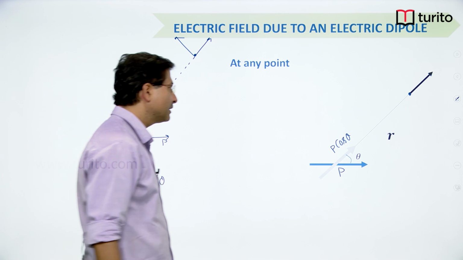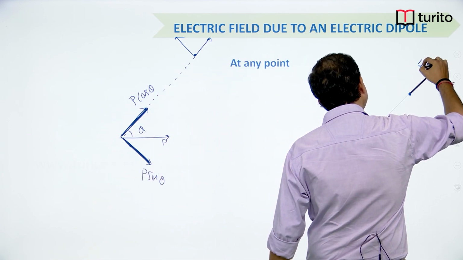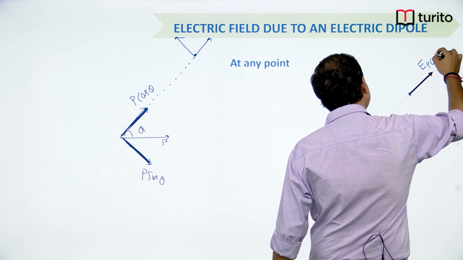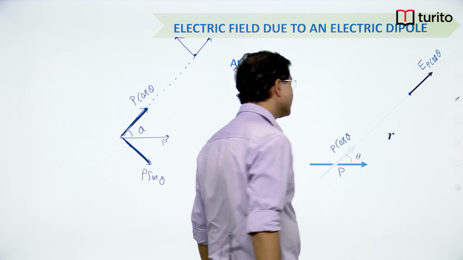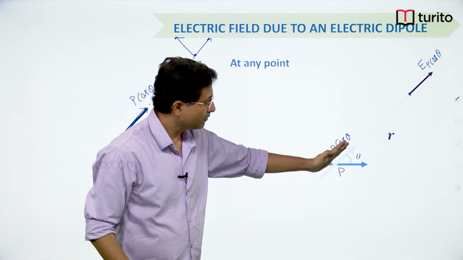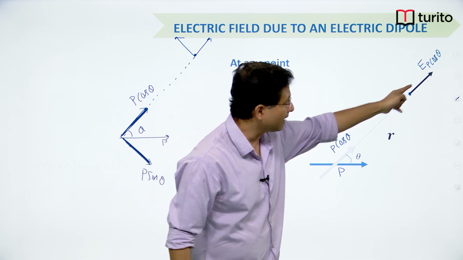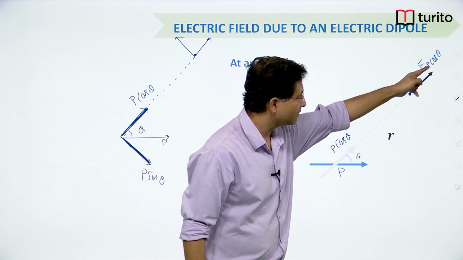So, this is the field created by P cos theta. Now, it is another component for this P cos theta, this is the point on the axis, same direction.